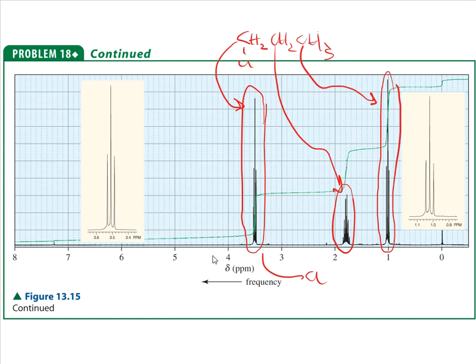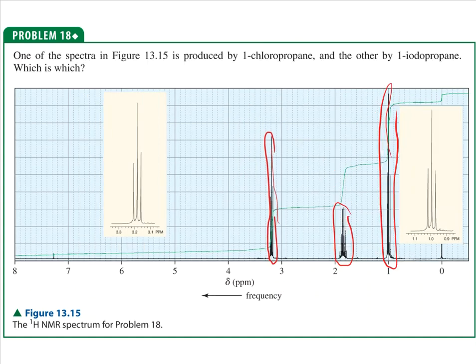Okay? So that's all that they want us to do with this one, which means that this is the iodo version probably. So a CH2 with the I that's hanging off, and a CH2 and a CH3. Just like before, 3 signals. We already knew there were going to be 3. This is the furthest away, so this will be the easiest to flip. That's happening at a 1 ppm.